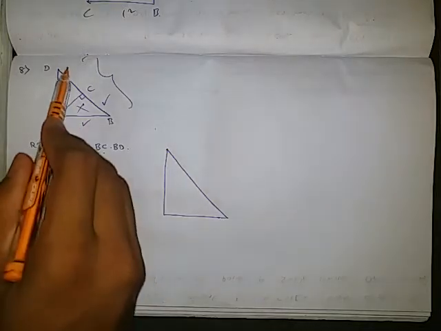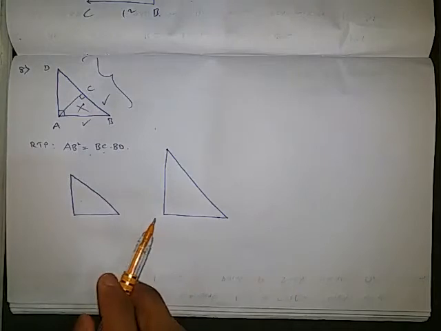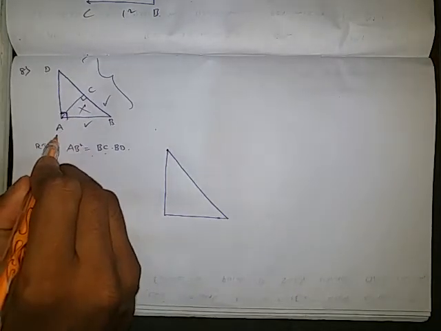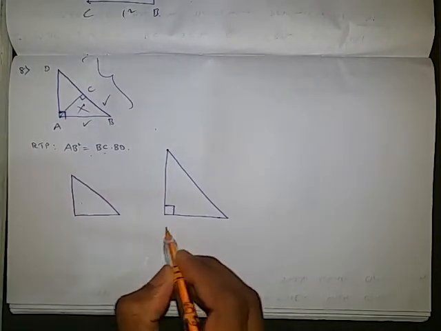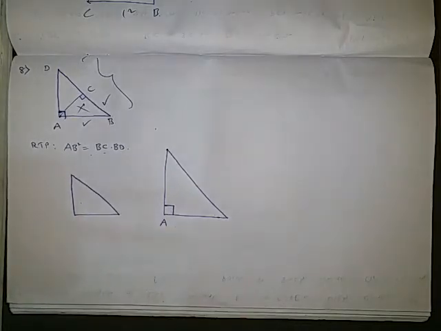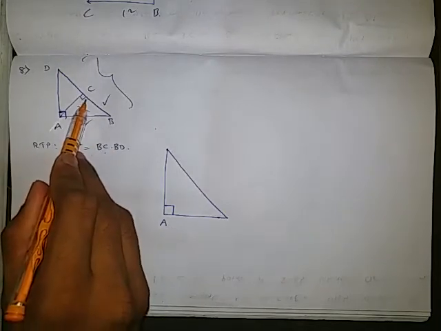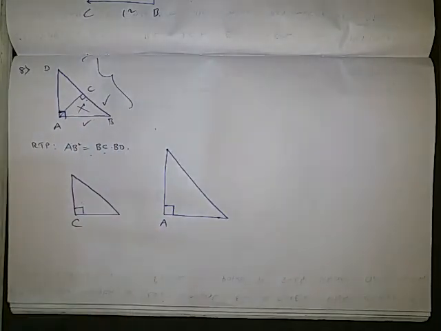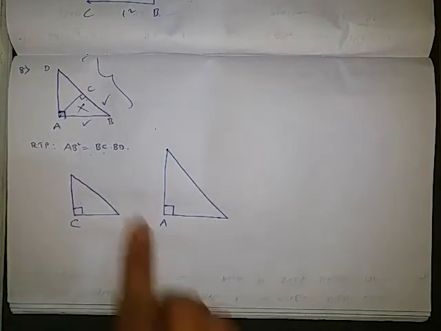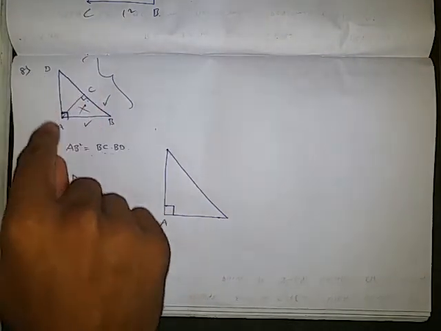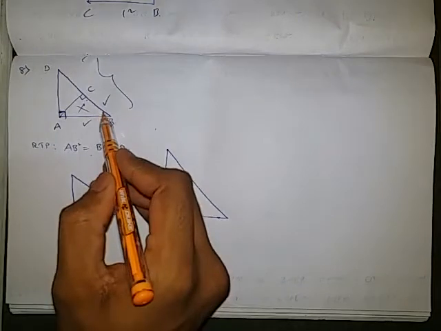Now if we take the total triangle, 90 degrees is at point A, so here it will be 90 degrees and that is A. Next, in the smaller triangle, this is 90 degrees. So if we observe the lower triangle only, at the point C, 90 degrees is there, so this will become C. Next, for the lower triangle as well as for the total triangle, this angle B is common.